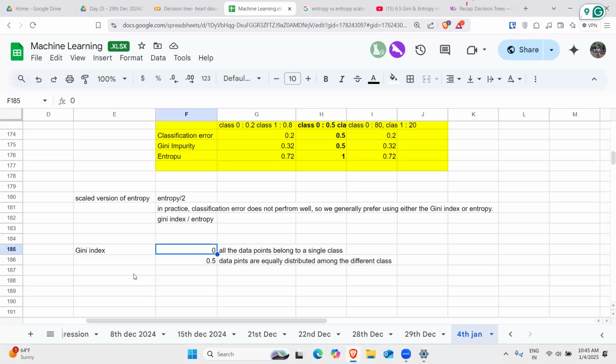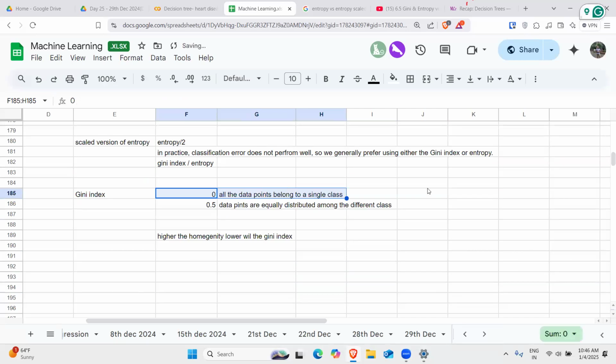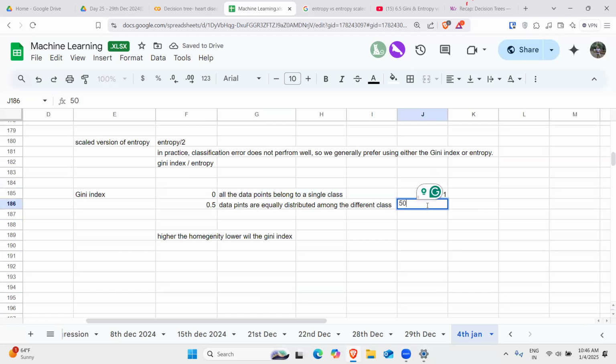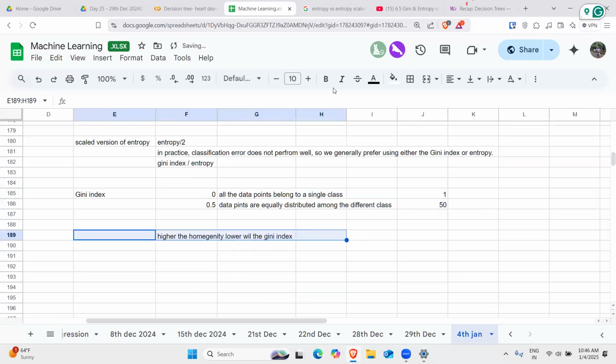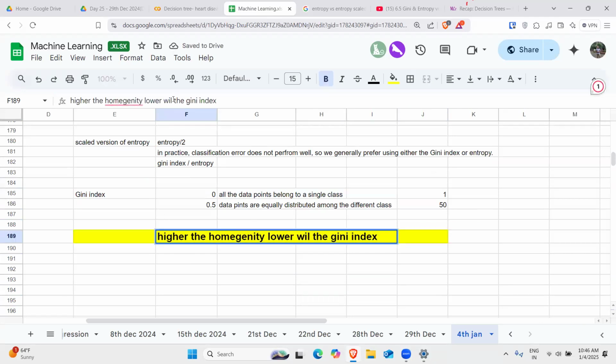Hence, the higher the homogeneity, the lower the Gini index. As you can see in this figure as well, here homogeneity is 100%, here it is 50%. So higher the homogeneity, lower the Gini index.